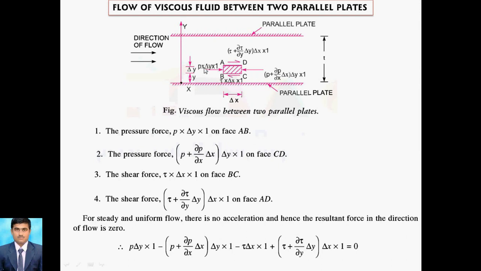Whenever the force is on AB, the shear stress is on face BC, so I take tau delta x into 1 in my negative direction. And this negative means the other force is positive, so I take positive tau plus dou tau by dou y delta y into delta x into 1. This is the same value we have for the resultant force.